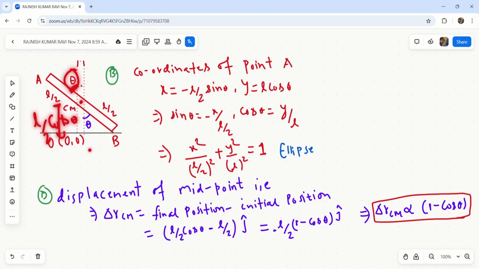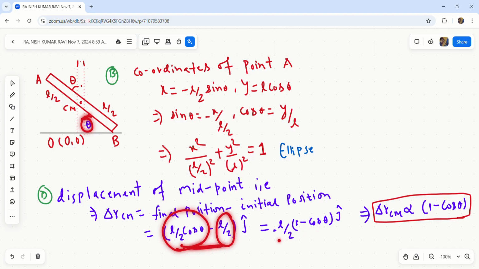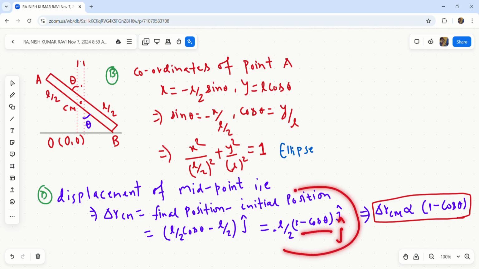Its displacement can be written as final position minus initial position. In the final position, the center of mass is at a height of L by 2 cos theta, and initially it was at a height of L by 2. So the displacement will be minus L by 2 into 1 minus cos theta j cap. This is the displacement of the center of mass.